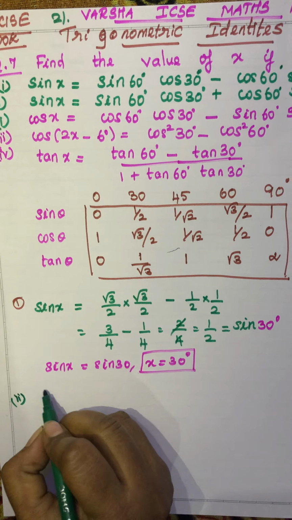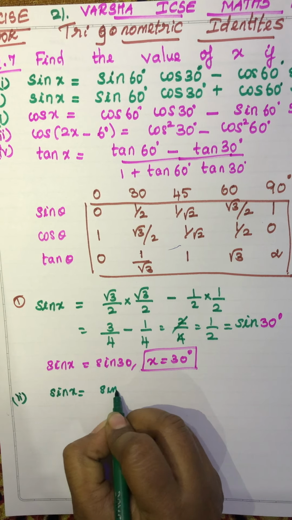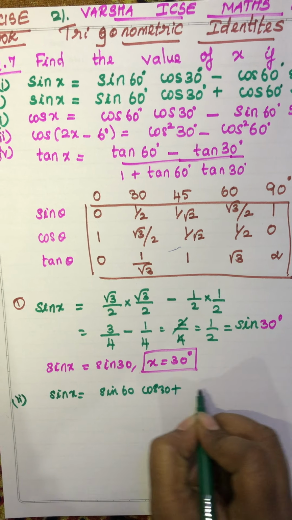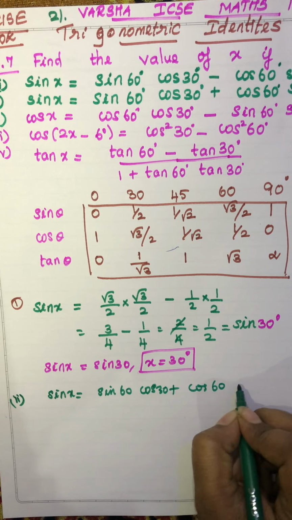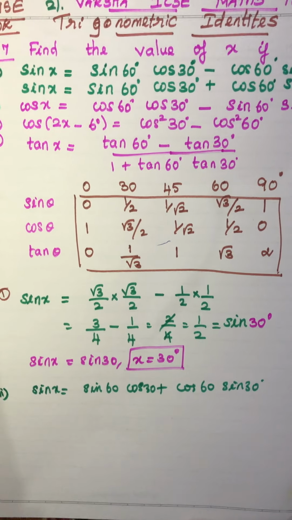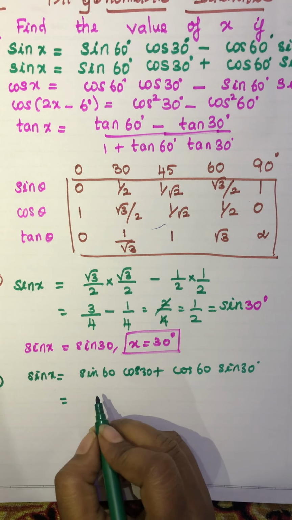The second question is similarly sin x is equal to sin 60 degree cos 30 plus cos 60 and sin 30 degree. Okay, so substitute the values. I think this is the same value.